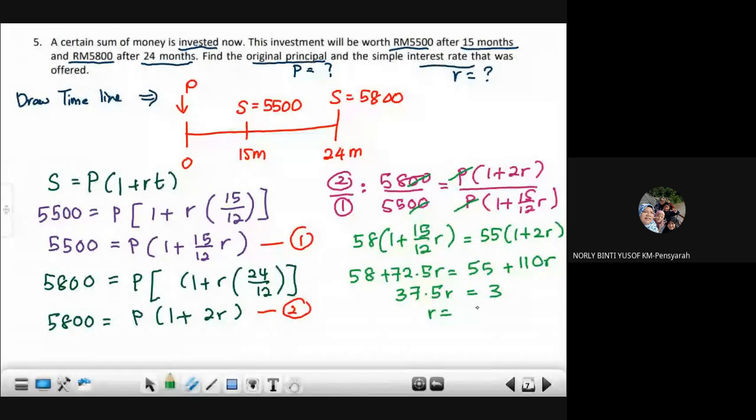Then you divide, 3 divided by 37.5, you got 0.08. Then you change to percentage, you times 100 lah. That means you will got the R is 8%.